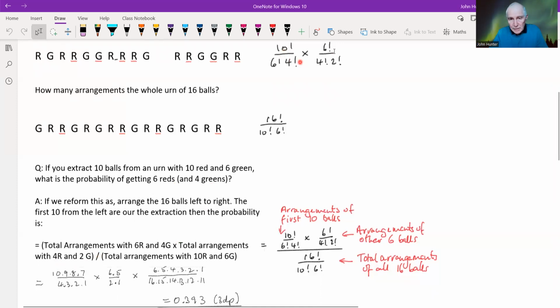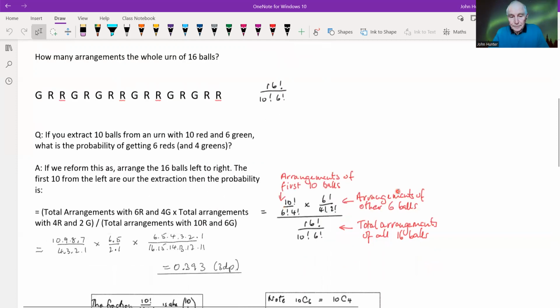So that's that times that, divided by the total number of arrangements with 10 reds and 6 greens into 16 different slots. So that's our 10 choose 6, that's our 6 choose 4, and that's our 16 choose 10. Okay, so that is that probability.